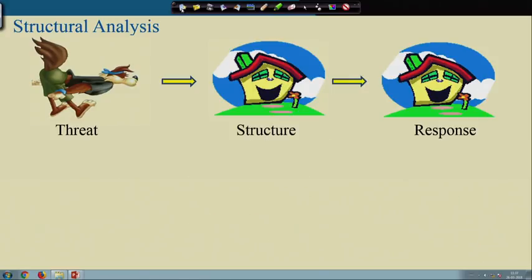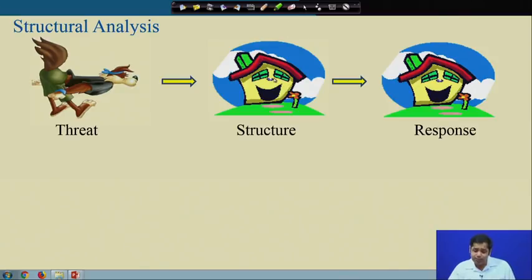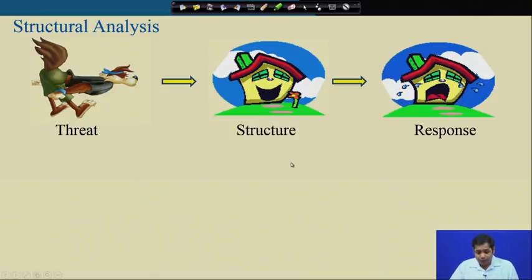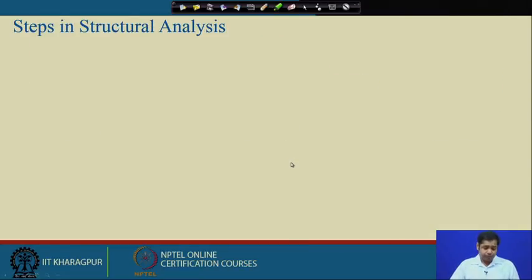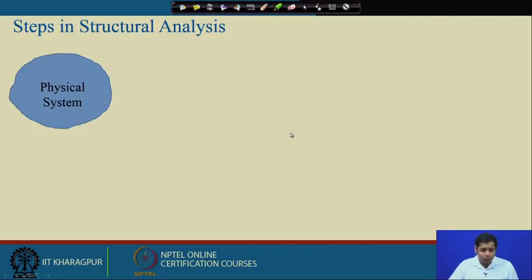Okay. Now you see, there are some steps followed in any engineering analysis, and so it is for structural analysis. And what are those steps? First we have a physical system, and that physical system is the actual real system that we want to study.